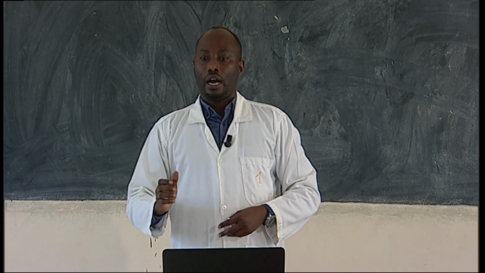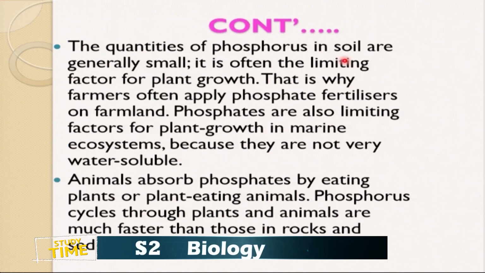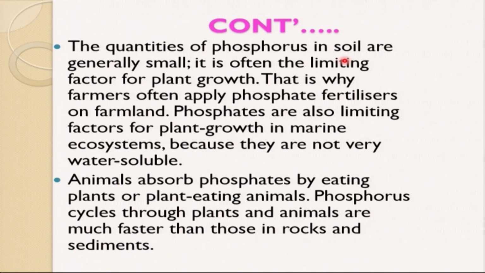Phosphorus salts are released from rocks through weathering, usually dissolve in soil water, and are absorbed by the plants. The quantity of phosphorus in the soil is generally small. It is often the limiting factor of plant growth, because phosphorus is among the fertilizers that make the plant grow.